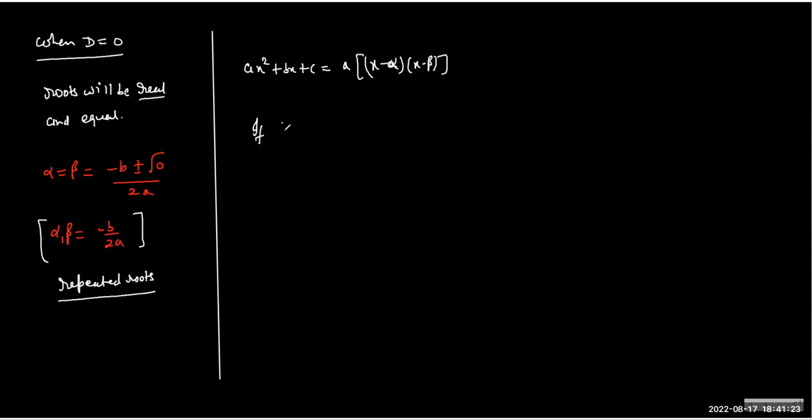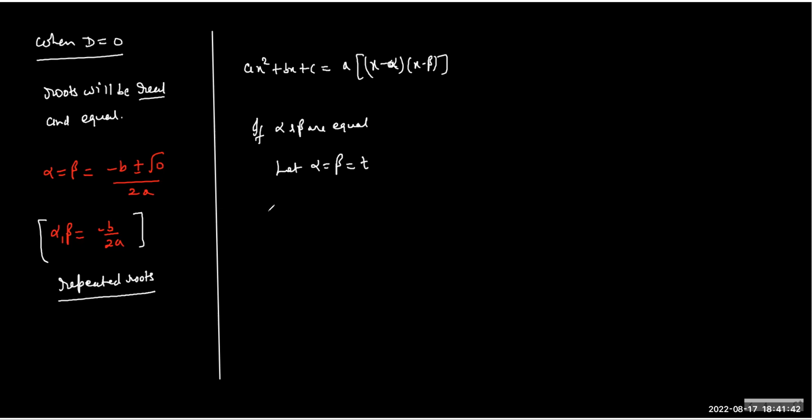If alpha and beta are equal, let alpha equals beta equals t.